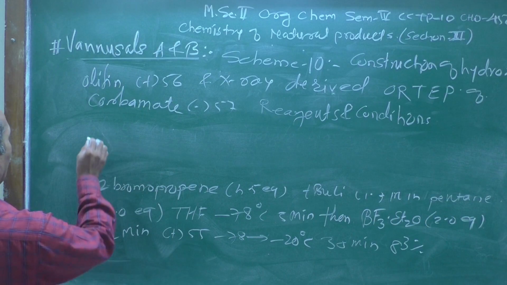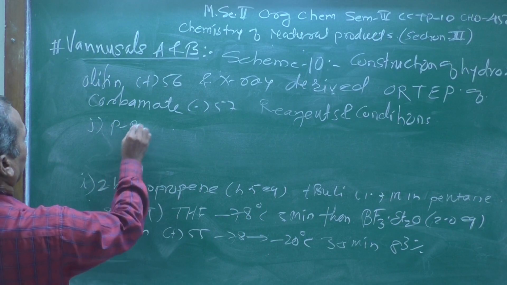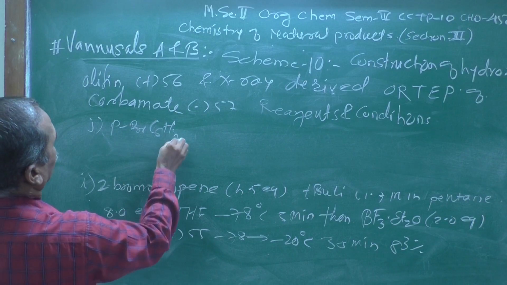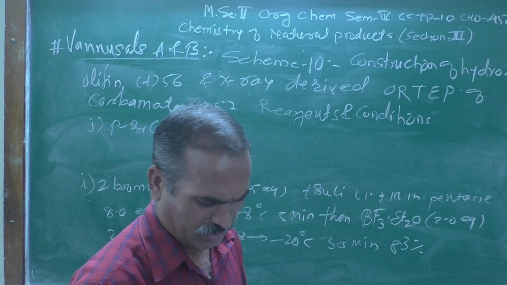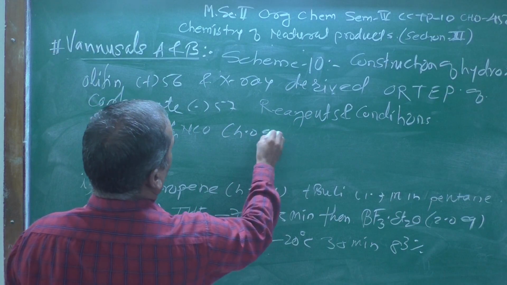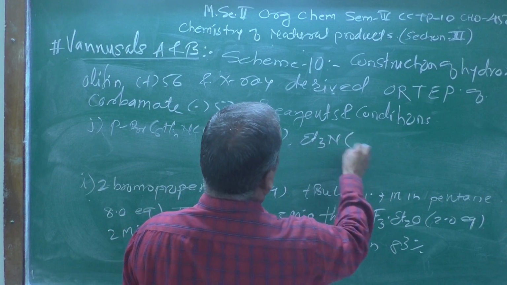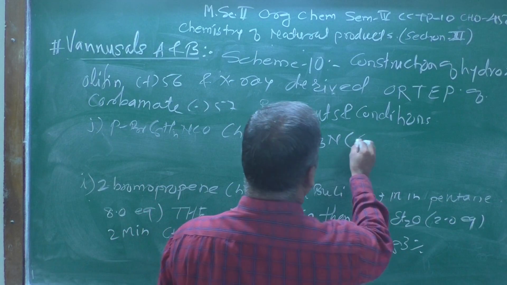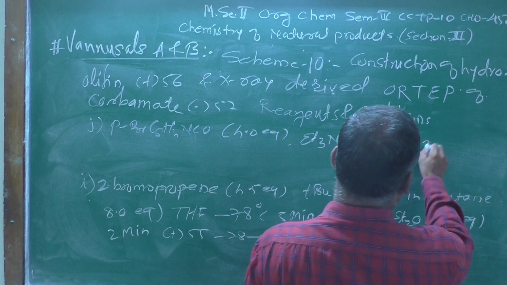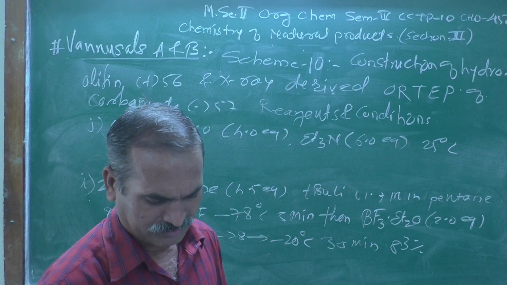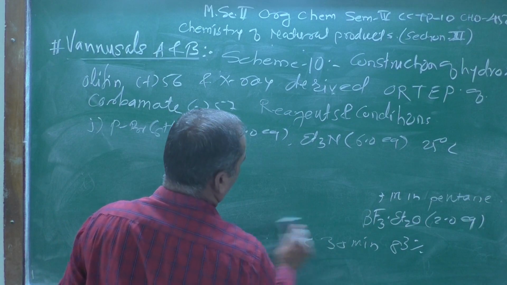Let us see, J will be para-bromo C6H4NCO, this one 4.0 equivalent, and triethylamine which was taken about 6.0 equivalent, and the temperature of the reaction mixture was kept at 25 degrees centigrade, which gave a good yield.